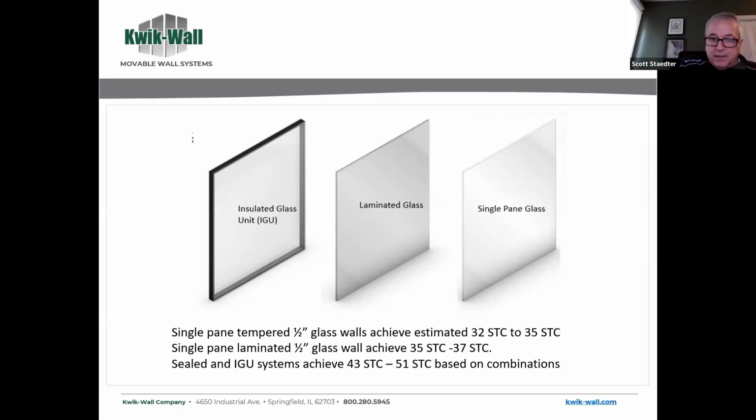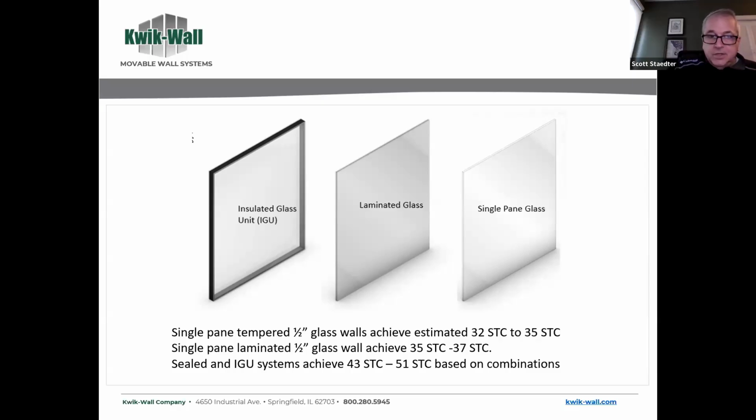With single pane laminate, you put a laminated glass in it, you're going to go up a couple of points. In my past history, I worked with a company that supplies acoustical laminates, and we actually tested those on operable partitions in the lab, and it was about a two point increase across the board when we did our testing.